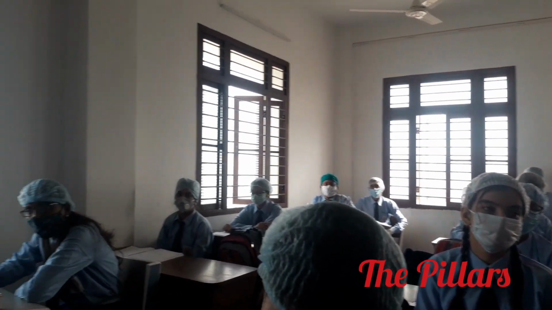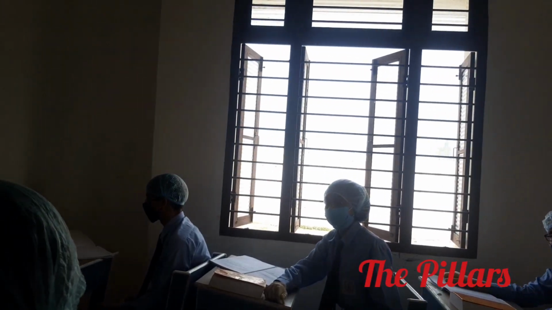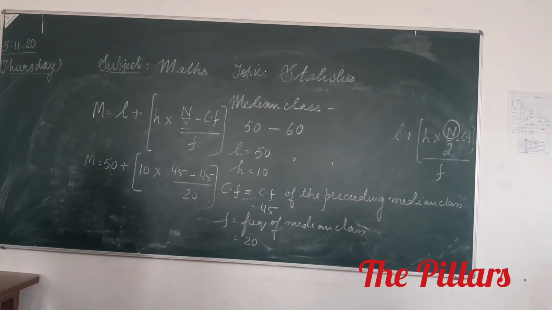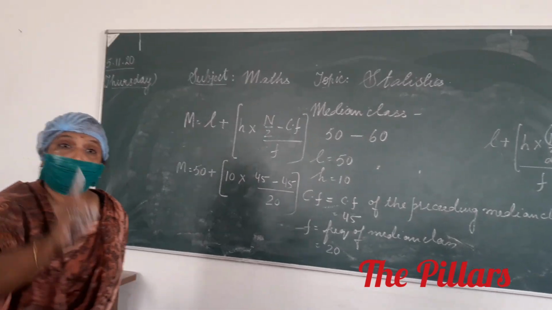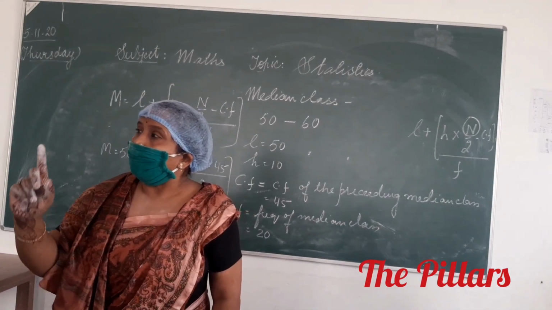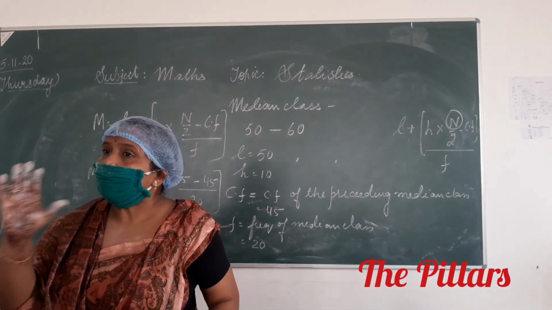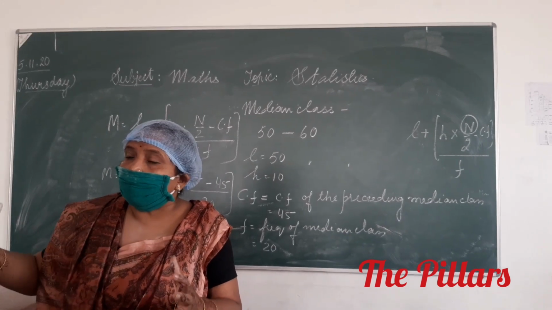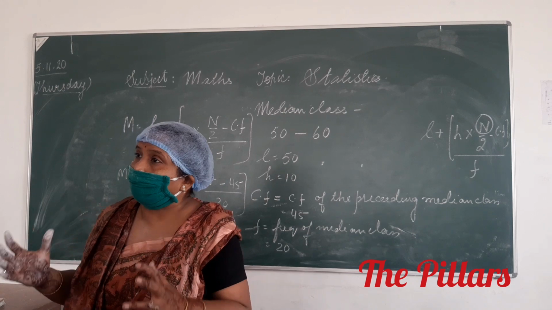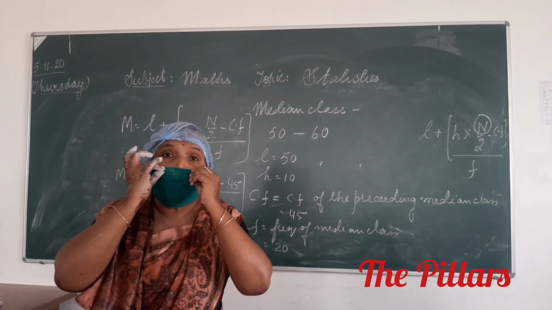That means it becomes what? Exclusive. If your class interval form is in inclusive form, first convert that into exclusive. And how do you convert that into exclusive? Subtract and add 0.5. What is the 0.5 called? Adjustment factor. Clear? Now, what is the formula?